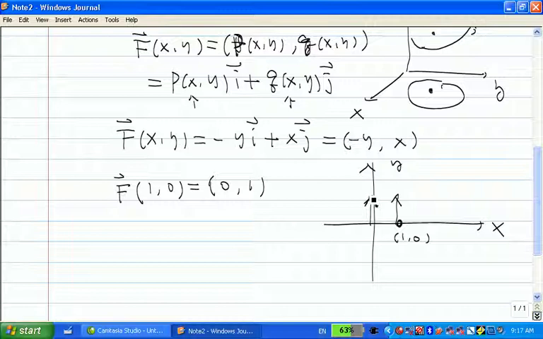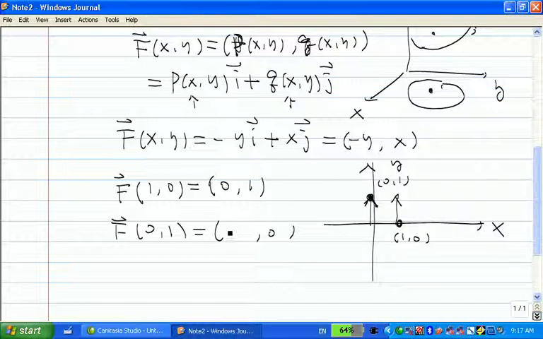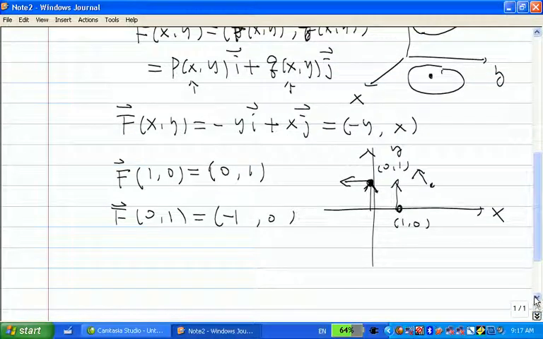Then, for example, at this point, (0, 1), what is f(0, 1)? Replace x by 0, replace y by 1, so you got minus 1, which gives you this one. So basically, at every point, for given (x, y), you plug in there, you get a capital F, which is a vector. So its graph is a vector field. That's why we call this a vector field.